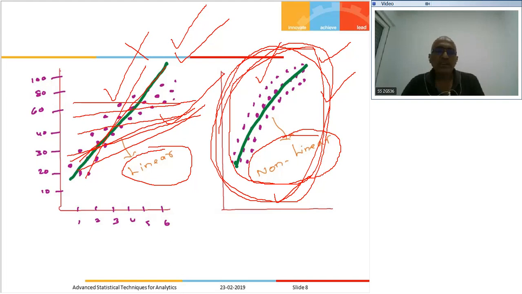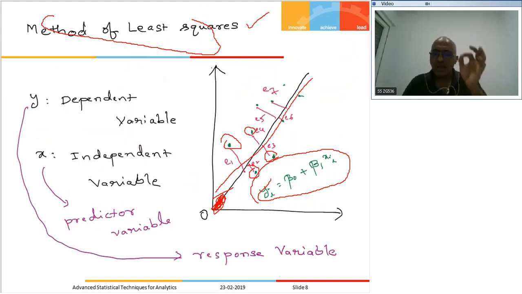But here if I take errors as they are, the error can be positive or negative. I repeat the same concept to have clarity on it. Suppose this error is 2 and this is minus 2, this is 3 and this is minus 4, this is plus 4, this is minus 3 like this.